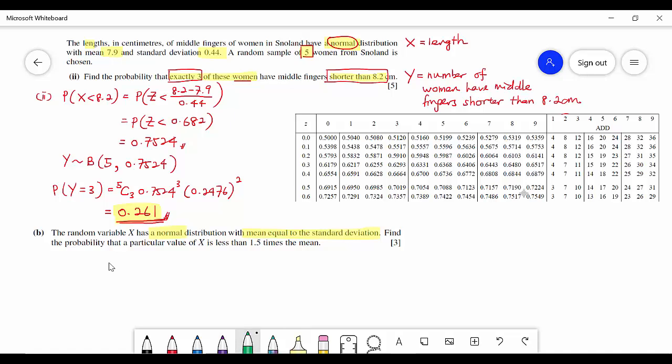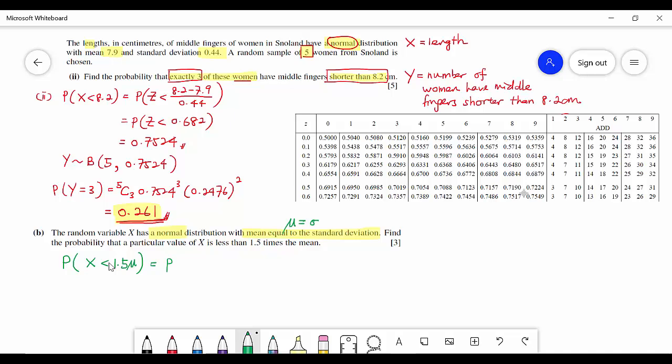When I mention the mean equals the standard deviation, it means mu is equal to sigma. Find the probability that a particular value of x is less than 1.5 times the mean. So for this case, they want you to find the probability that x is smaller than 1.5 times the mean. Mean means mu.